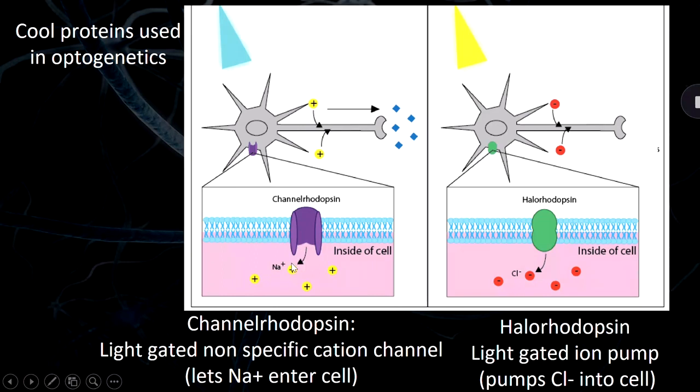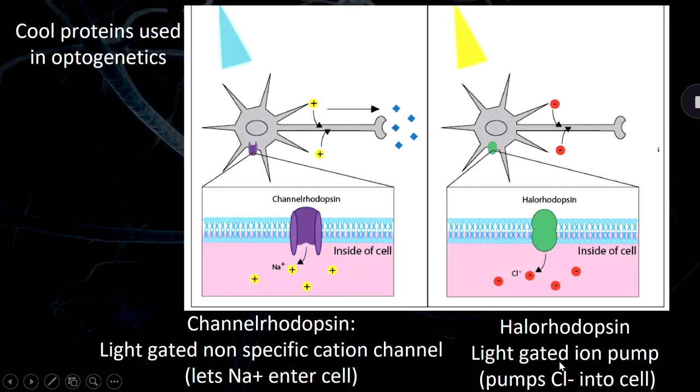If sodium goes into the cell, the membrane potential is going to increase, and it's going to be easier for this cell to reach threshold to have an action potential. So you will be able to activate these neurons. Halorhodopsins are light-gated ion pumps. They will typically pump chloride into the cell.